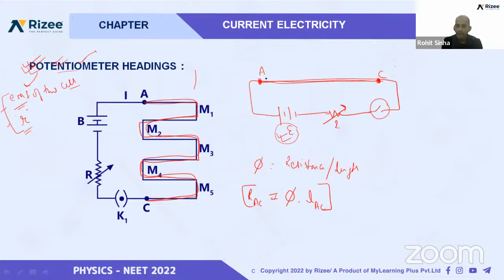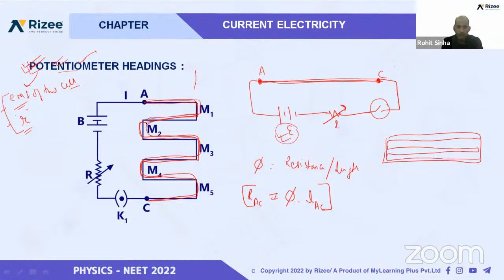We arrange this AC wire in this format. You must have seen it in your practical class: one wooden board, and on this wooden board some wires are arranged like this. These are the potentiometer.